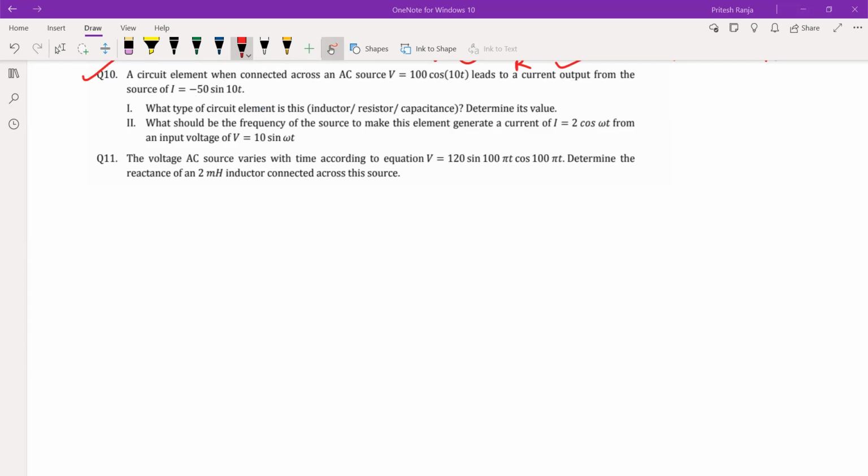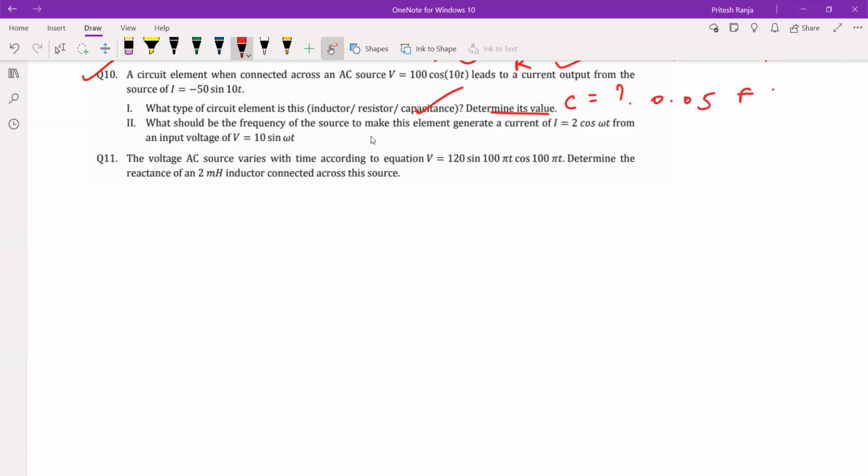First of all, it will be a capacitor, because that's the case when voltage leads the current. So the element has capacitance, and you have to find the value of C. That value of C will come out to be 0.05 farad.